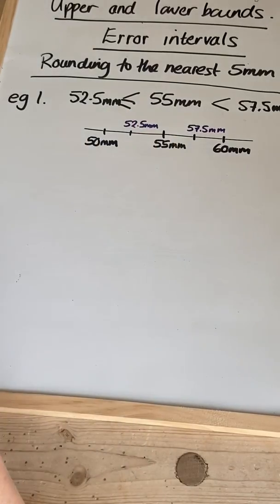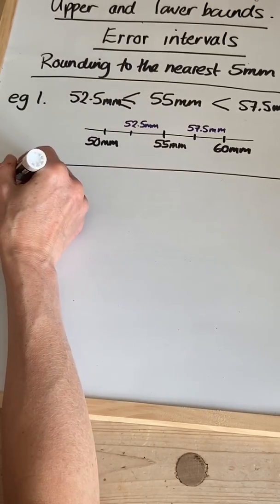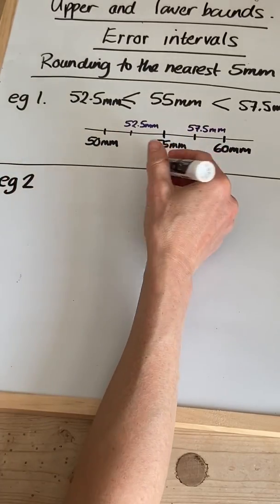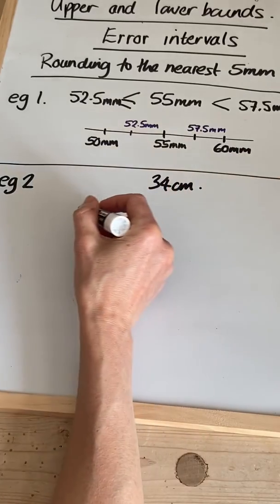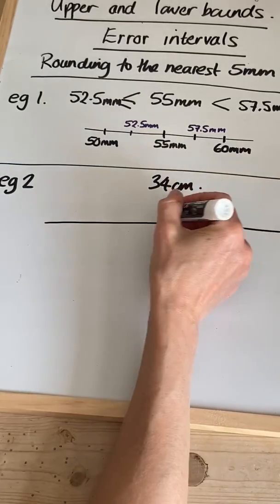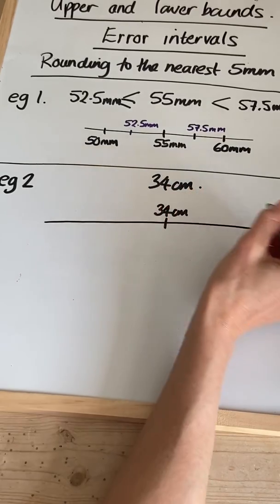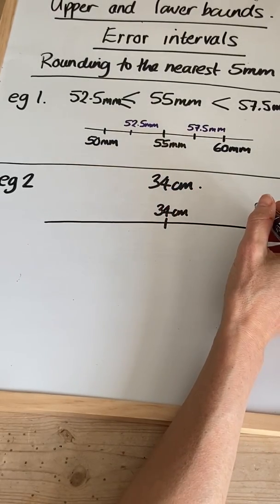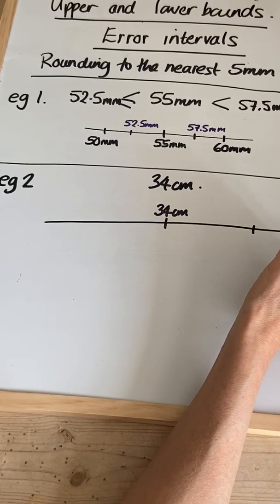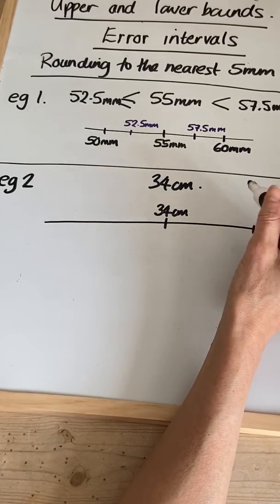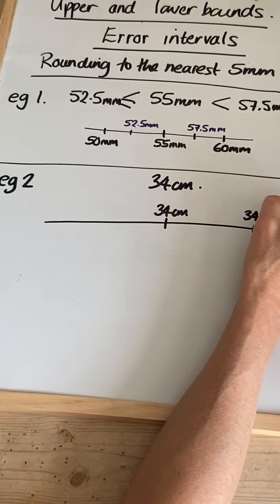Okay, so still thinking about rounding to the nearest 5 millimeters, we're going to have a look at 34 centimeters. So this is a bit harder. Thinking about the next one up, if we're adding 5 millimeters, that's 0.5 of a centimeter.